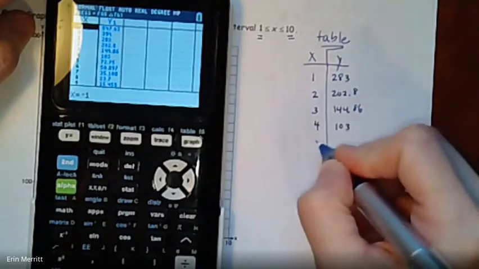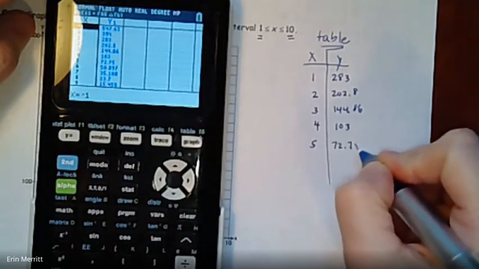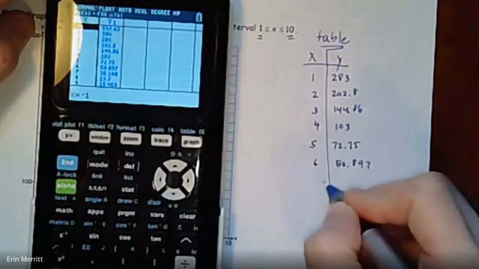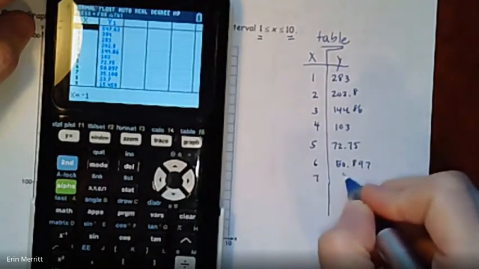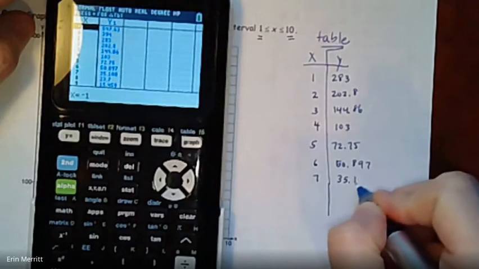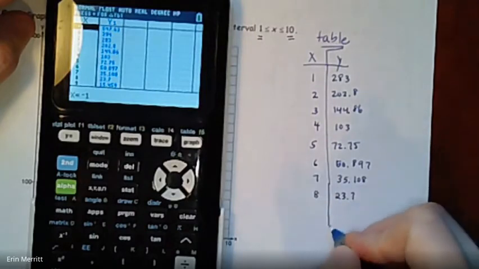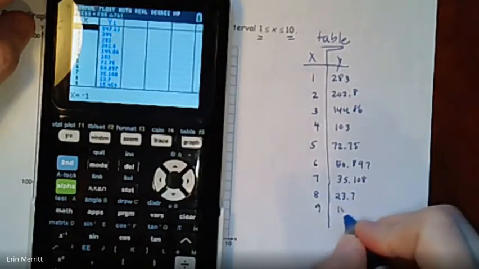I would write all of these down and then plot them on the graph. And I realize some of them have some fairly obscure decimals attached. When you go to plot them, you're just going to do the best you can.